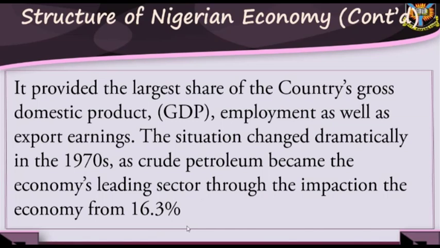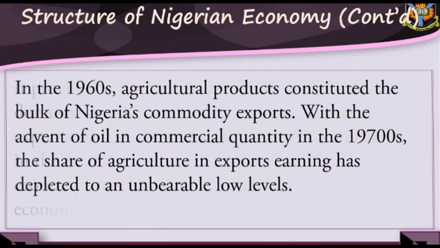In the 1960s, agricultural products constituted the bulk of Nigeria's commodity exports. With the advent of oil in commercial quantity in the 1970s, the share of agriculture in export earnings has depleted to unbearably low levels.